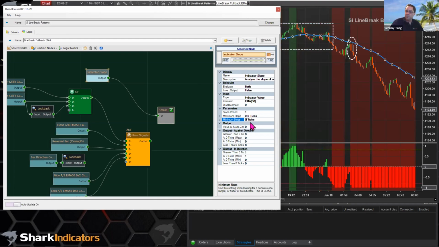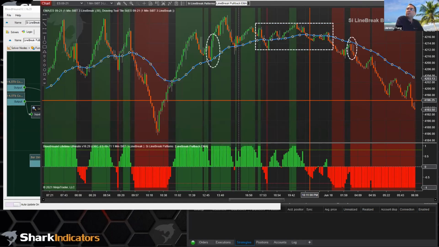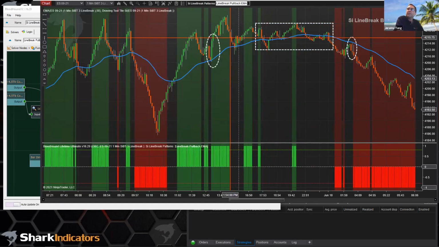A half a tick is usually a pretty good starting point, but that actual tick amount or slope amount varies on a couple of different components. One of them would be the instrument, how many ticks are in a point. Also the volatility of that instrument.